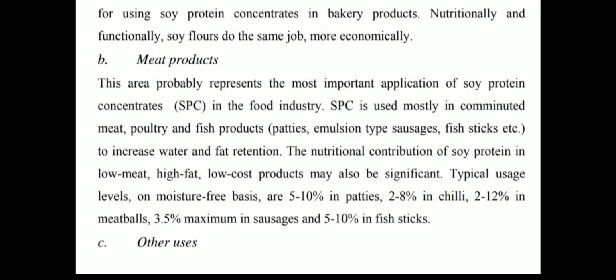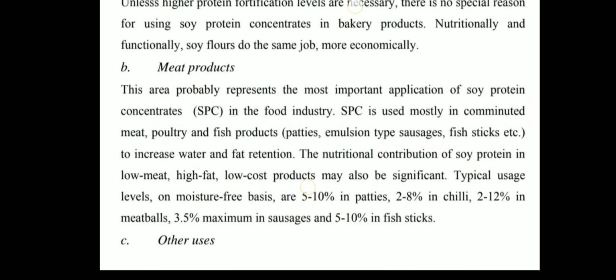And the nutritional contribution of soy protein in the low meat, high fat, low cost product may also be significant. So there are some percentages in which it can be used in processing of these types of products.